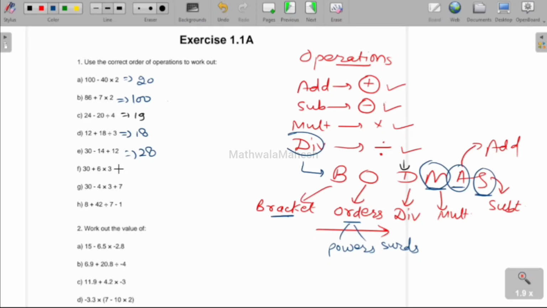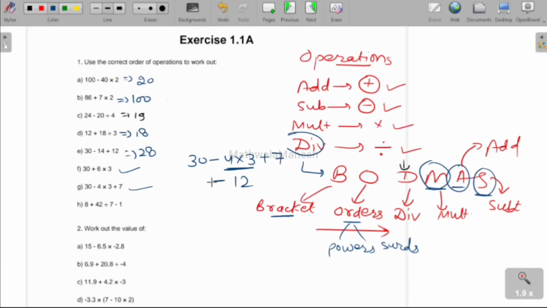This question you will solve by yourself, and I will provide the answer. 30 minus 4 into 3 plus 7. So we will multiply first. 4 multiplied by 3 is 12.